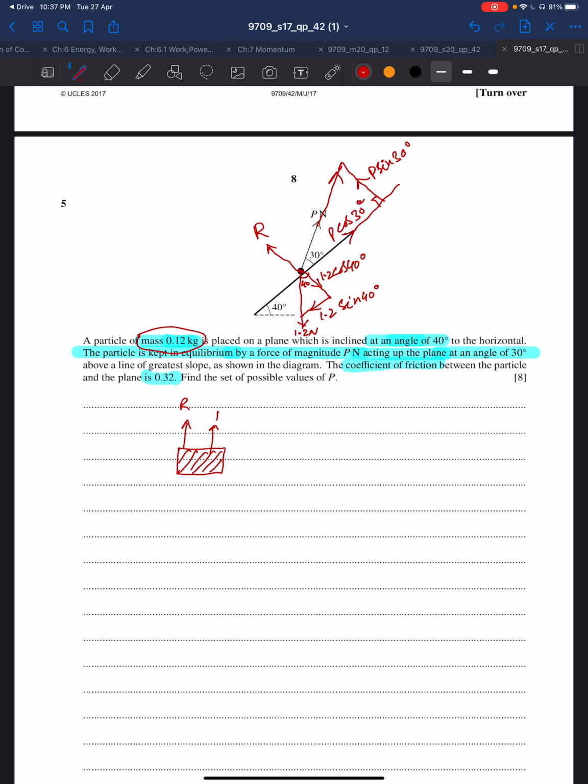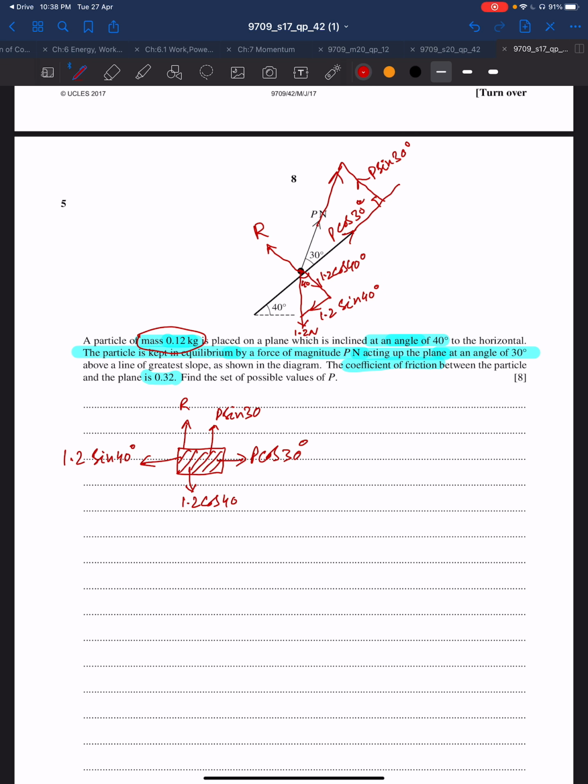Upwards, this is P sine of 30, and to this side this is P cos of 30, and downwards is 1.2 cos of 40, and in this direction, this is 1.2 sine of 40 degrees.